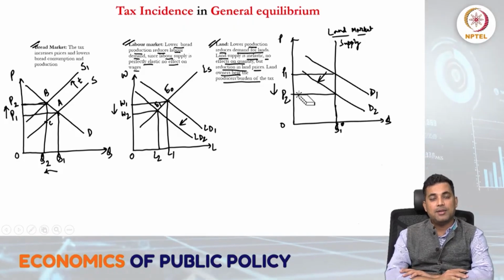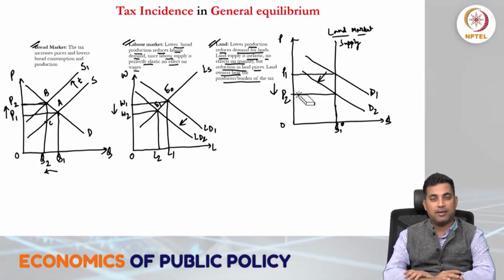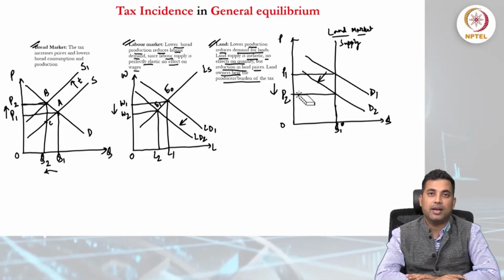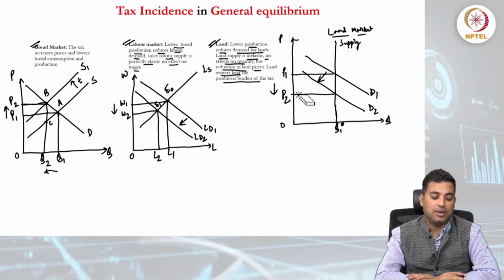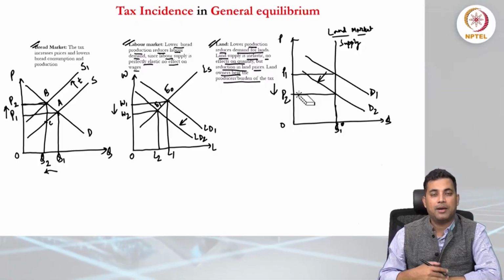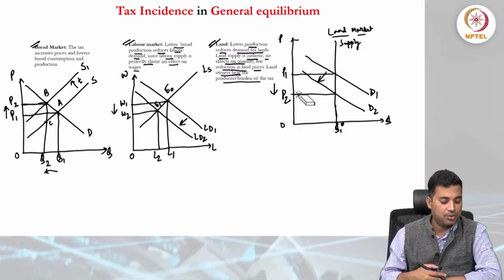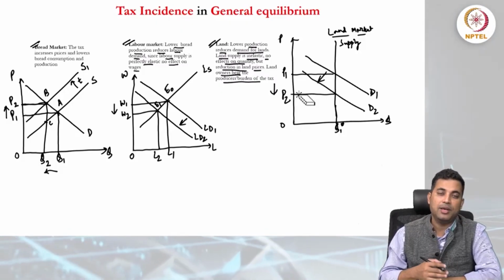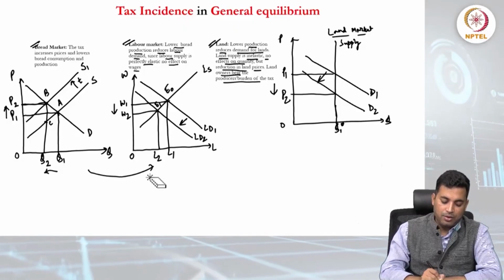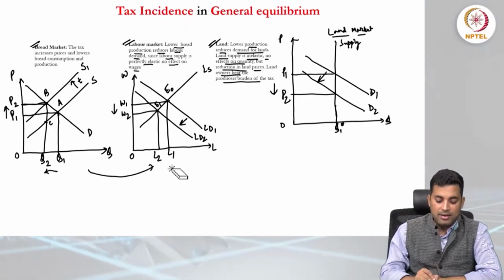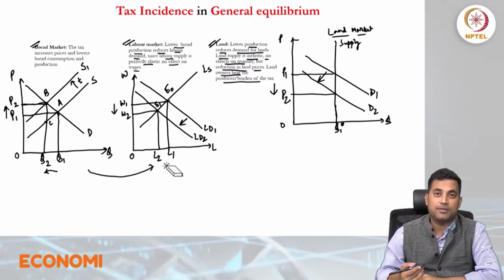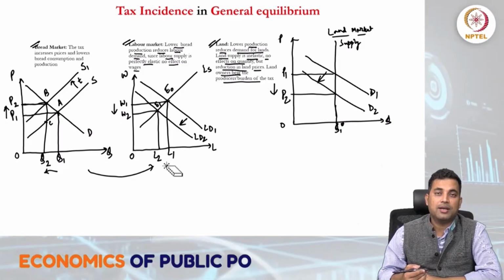And this is the downward pressure on land. So just imagine the general equilibrium case: when tax is imposed on one market, it is not stuck in only that one market, it has an impact on the other markets, the way we have shown here. If we impose tax on the bread market, it will go to the labor market, not directly in the form of tax, but in terms of labor demand.